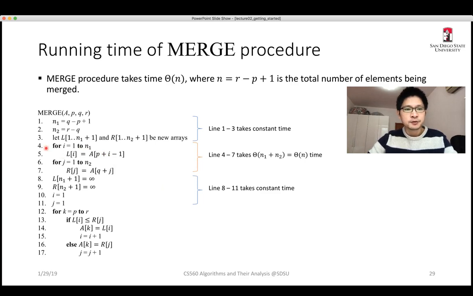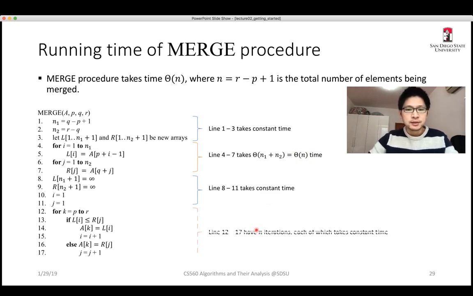Lines 4 to 5 are a for loop that iterates from 1 to n1, and lines 6 to 7 are a for loop that iterates from 1 to n2. In total it takes n1 plus n2 time, which is the total number of elements. Therefore, the total time is theta of n.